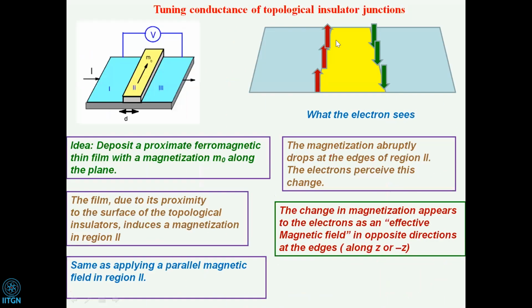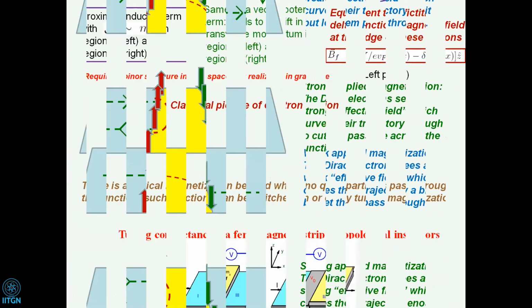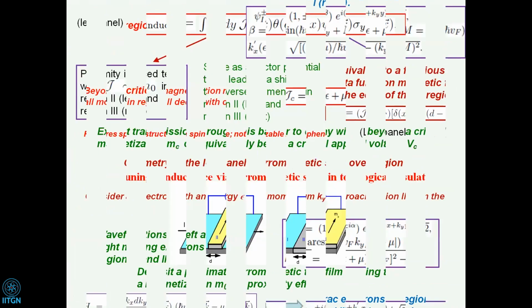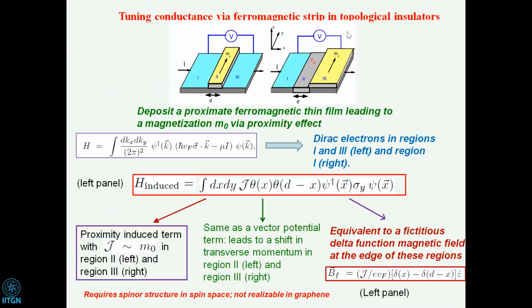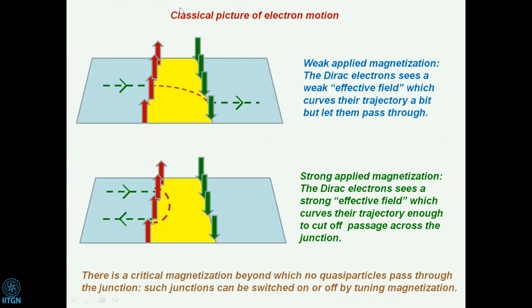This fictitious magnetic field is shown by these arrows right here and here. They have opposite signs because the magnetization decays to the left on one edge and to the right on the other edge. So if you take the curl of it, you are going to have an opposite sign on the two edges. So essentially the system shows a magnetic field.